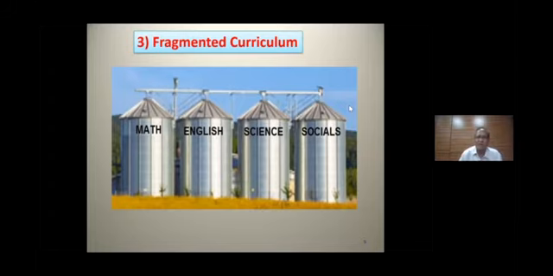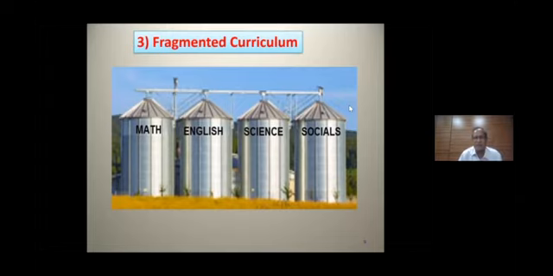The maths teacher teaches maths, the English teacher teaches English, the science teacher teaches science. Nobody teaches how to solve real life problems. Some problems will be solved by engineers or department staff, the core subject teaching staff, but that may not be sufficient. An integrated approach of imparting knowledge is totally absent because of the fragmented, subject-based curriculum.